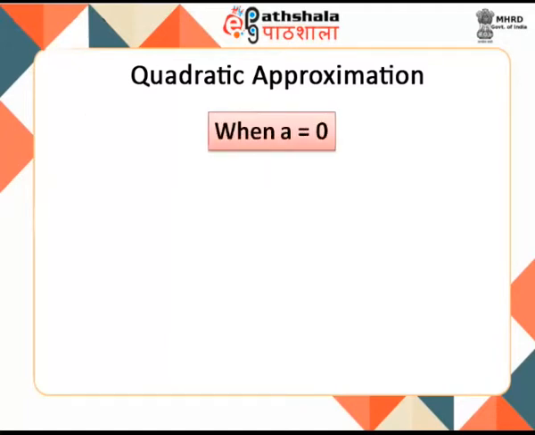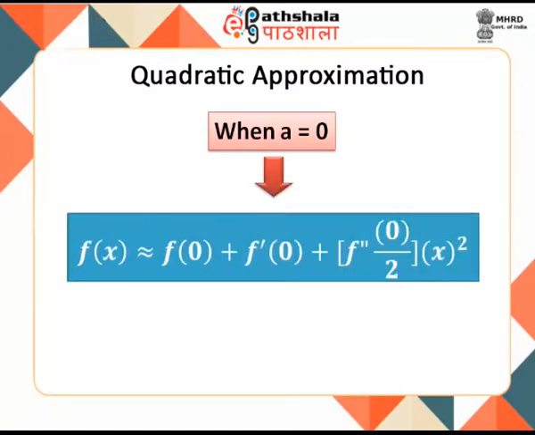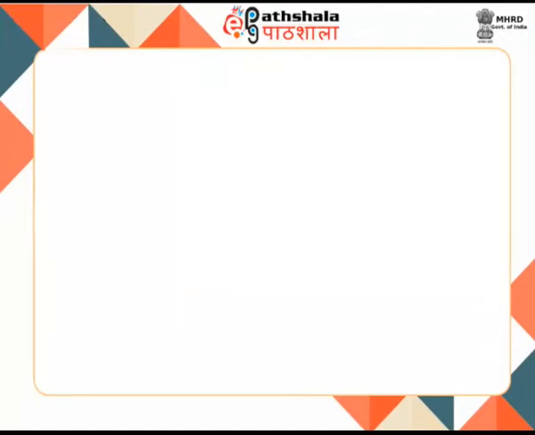And when a is equal to 0, the approximation becomes f of x approximately equal to f of 0 plus f dash 0 into x plus f double dash 0 by 2 into x square.